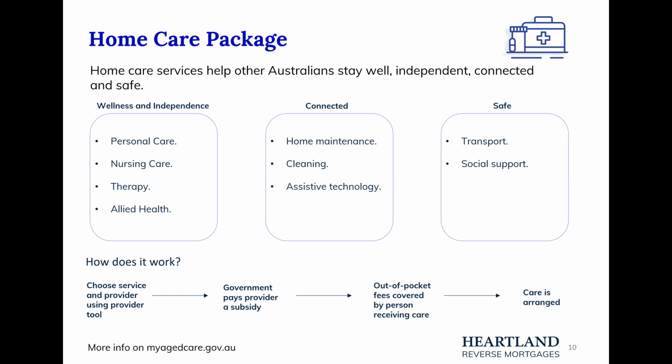So there can still be out-of-pocket fees. There might be additional services that they do require that are not covered under home care packages. And then the care will be provided within their own home. Once again, there's more information at the My Aged Care website. There's plenty of info there if you need reference.